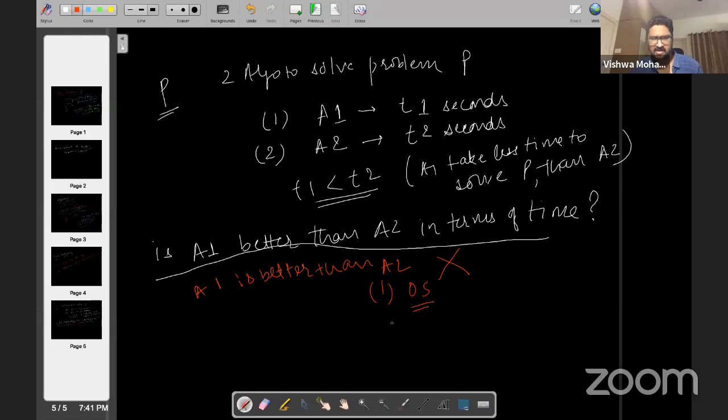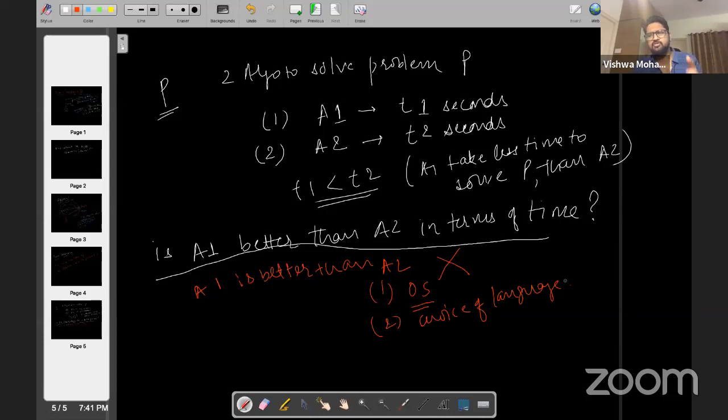The second thing is the choice of language. Few of the languages are inherently fast. For example, most folks who participate in competitive coding choose C++, to some extent Java. The reason is that C++ compiles fast and runs very fast. But if you write the same code in Python, the execution time will be a little more, because it's a scripting language.